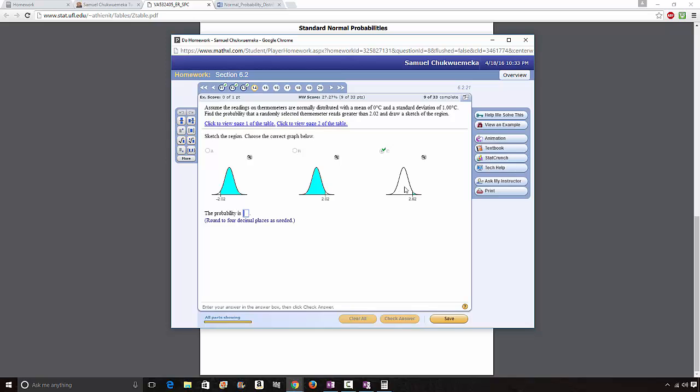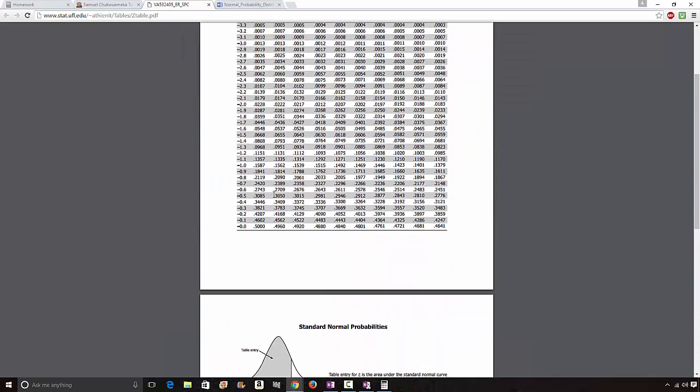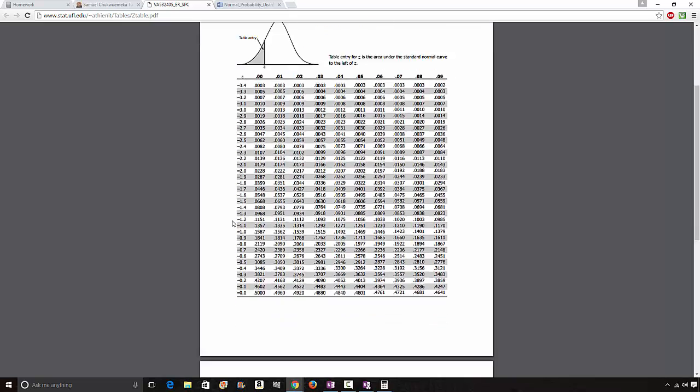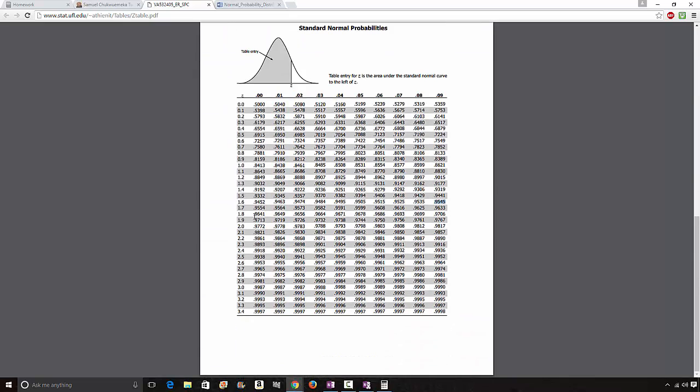We find the area for the z-score of 2.02, which means 2.0 under 0.02. This will be on page 2 of that table because that is for positive z-scores. We talked about this in the previous video. Page 1 is for negative z-scores and page 2 is for positive z-scores.